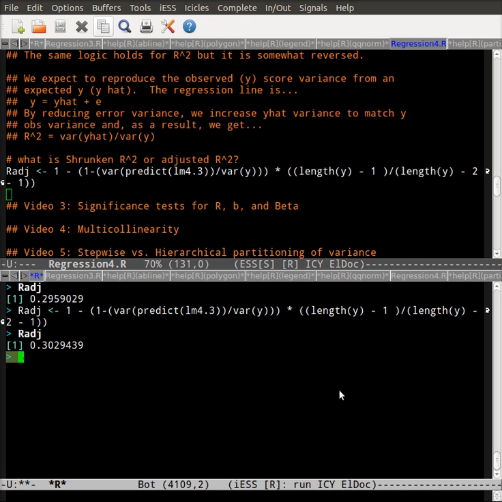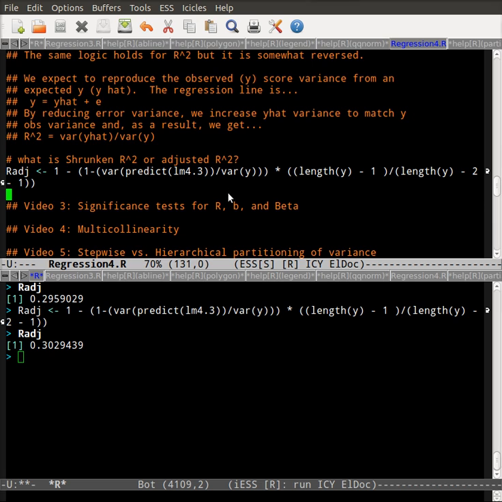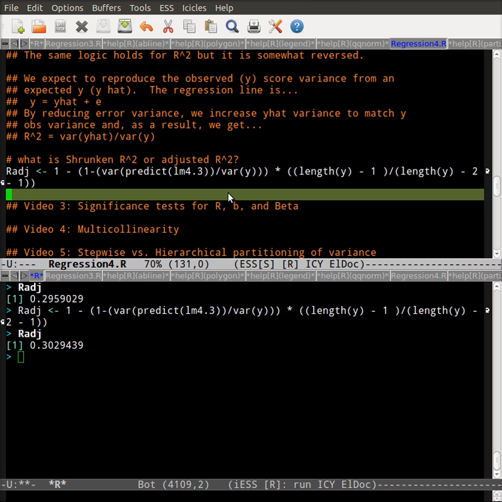So remember, r is the multiple r, the correlation between the observed and expected y, and when we square it, it gives us the proportion of the variance of the observed y variable that is explained by our model. Remember that all of this is a ratio of variances, and then shrunken r squared or adjusted r squared is a penalizing function.